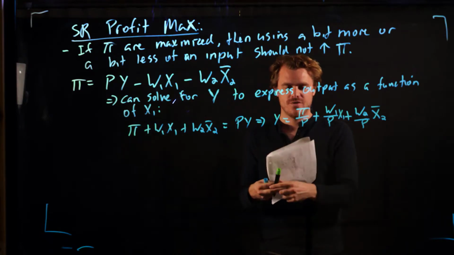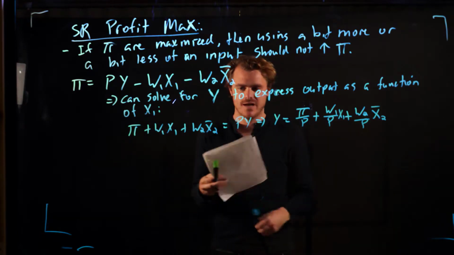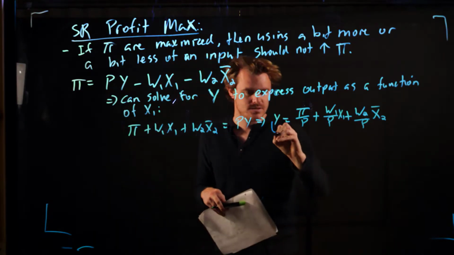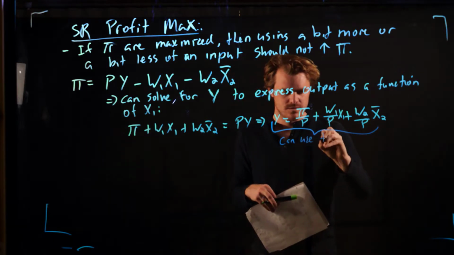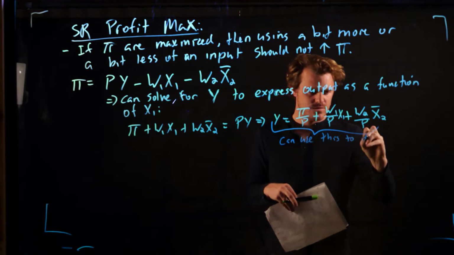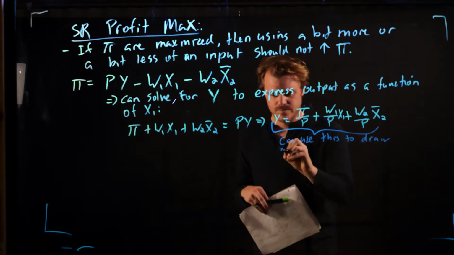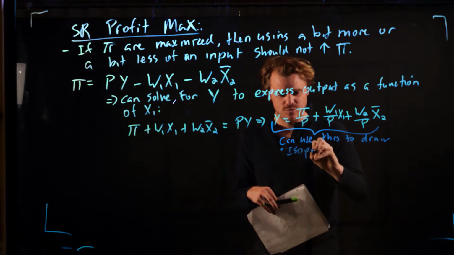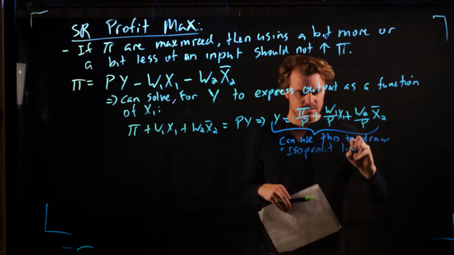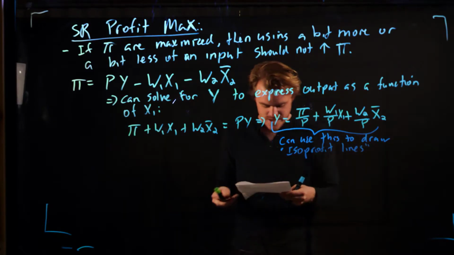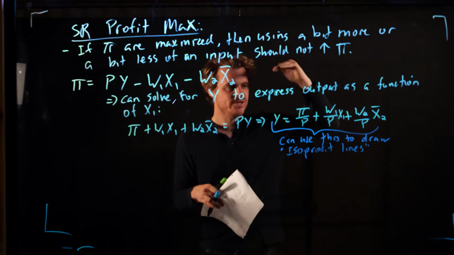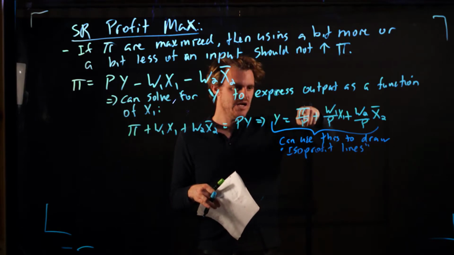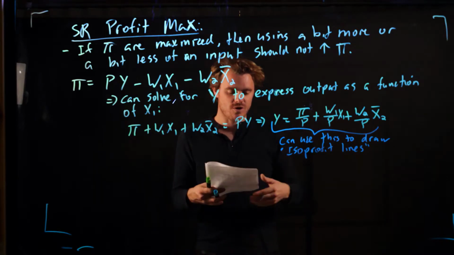We're going to call these isoprofit lines. Isoprofit lines are going to be these parallel lines where we're showing different levels of profit.